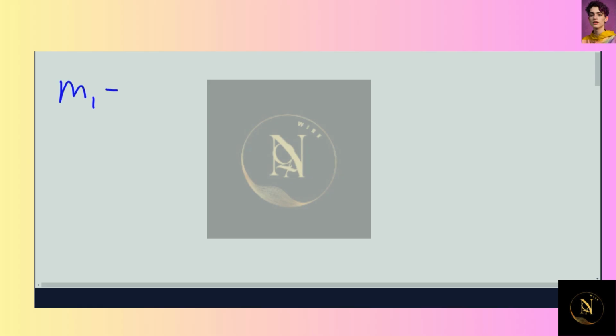So the mass m1 is going to be equal to the density of the steel tube times the cross-sectional area times the length of that quarter circle. And then we can also write this as rho times A times pi r over 2.